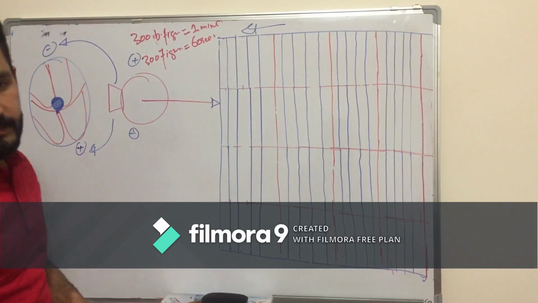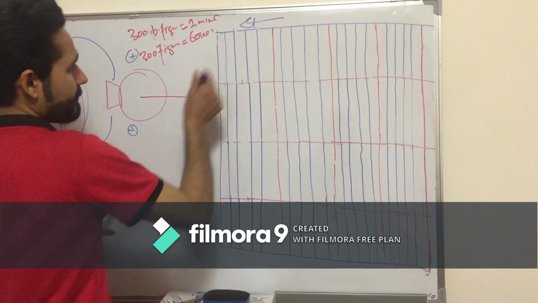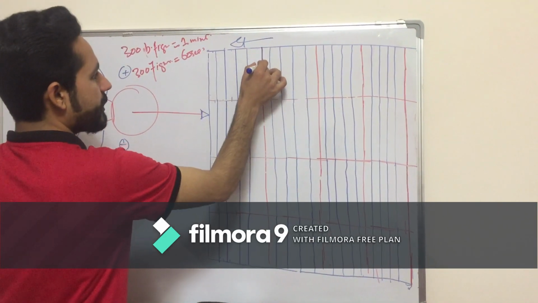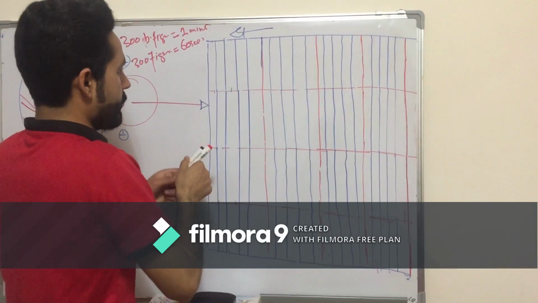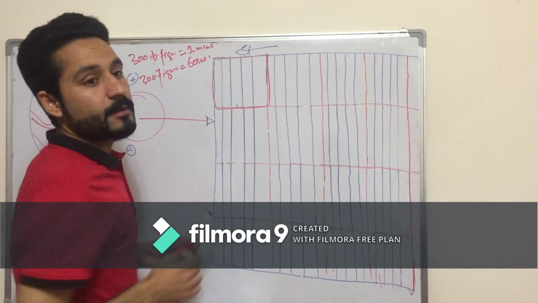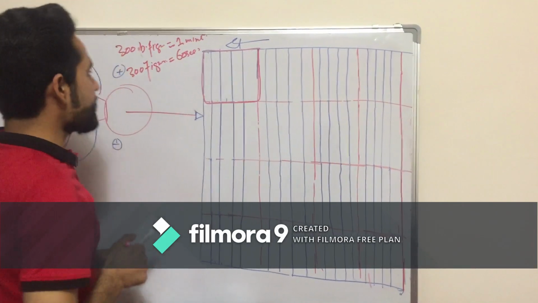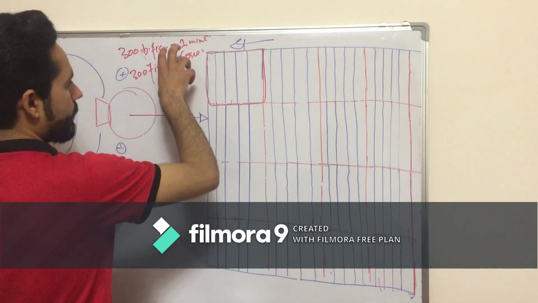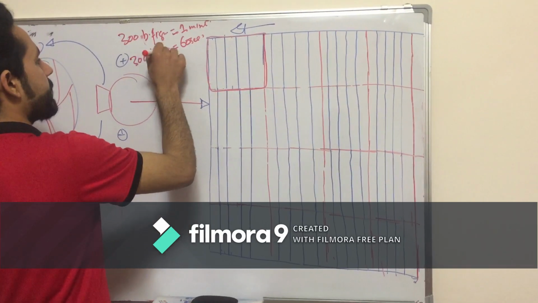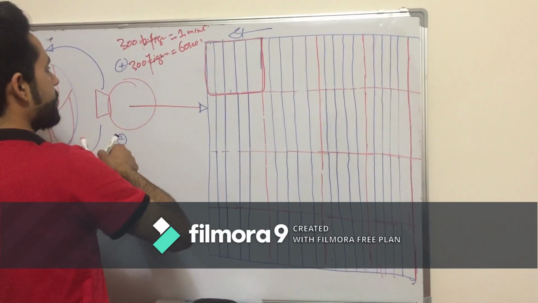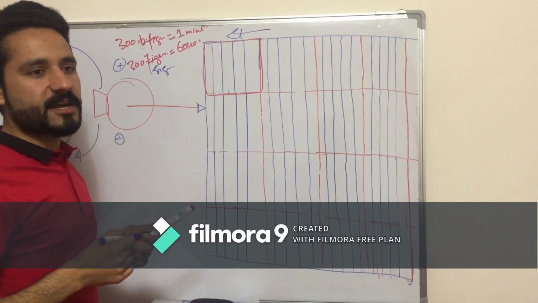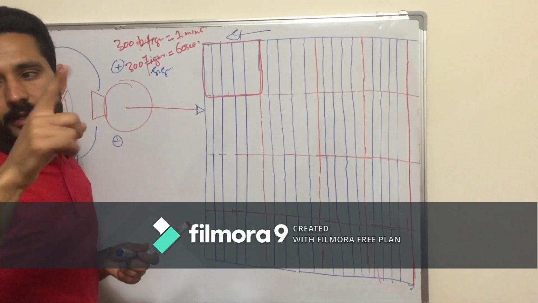Now what will happen? This big segment, from here to here, is one big segment, and in 1 minute 300 big segments will pass over the needle.